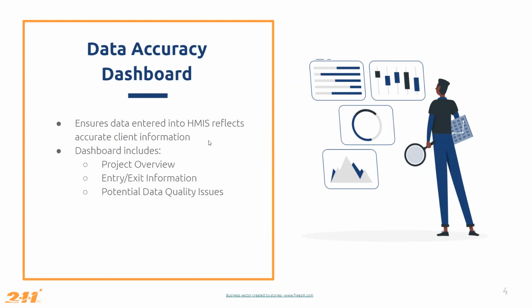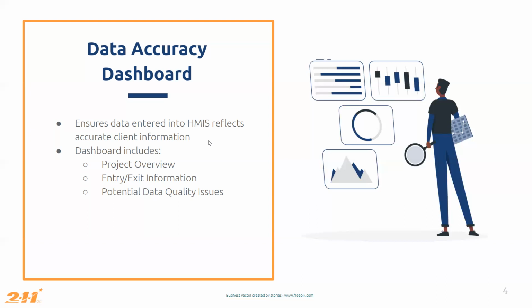So it includes days since the last service a client had, enrollments that don't have any services. It includes errors with certain data elements like date of birth or approximate date the client's homelessness started. It also looks at if there are duplicate enrollments for a client in a project, as well as if there are more than one head of household in a household, or if there are no heads of household in a household.